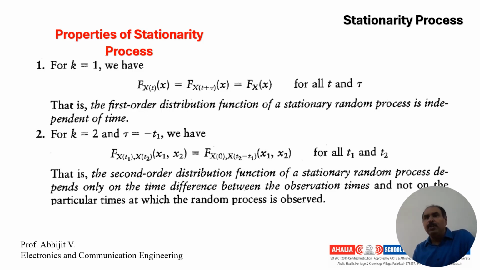So we'll study the properties of stationary process. First property, Fx of x comma t is equal to Fx of x comma t plus tau, the probability distribution at a different point of time is the same as the original for all t and tau, and this is called the first order distribution function of a stationary random process, which is independent of time.